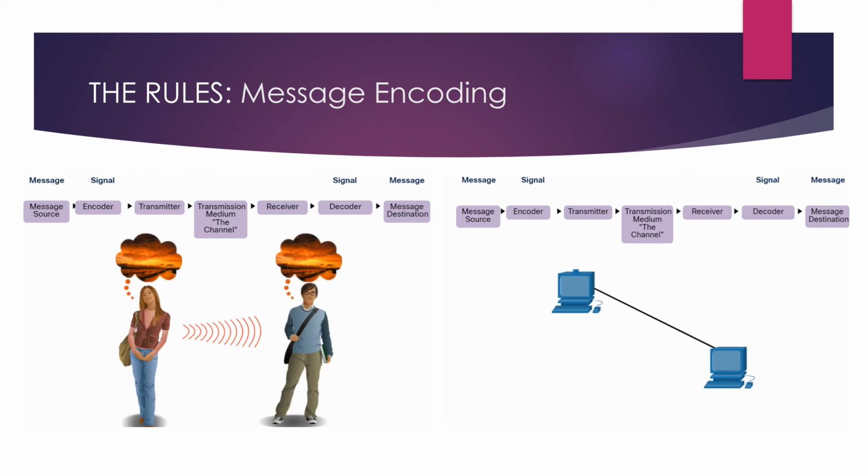Her friend listens to the description and decodes the sounds to understand the message he received. As you can see, right now she is speaking, and by that the destination understood the message. The same happens at the network.